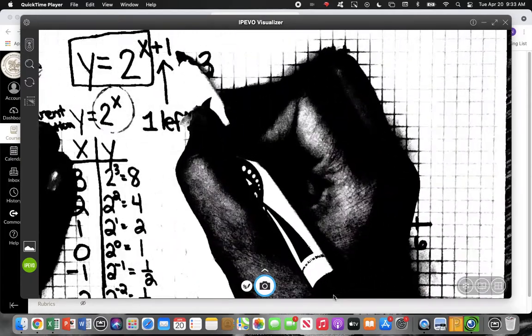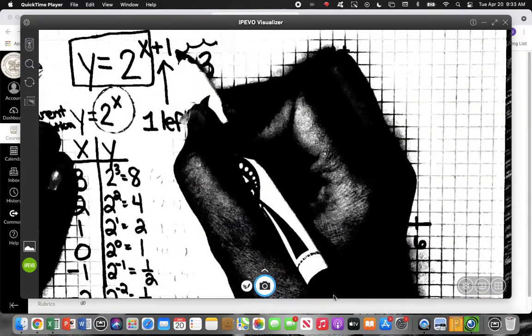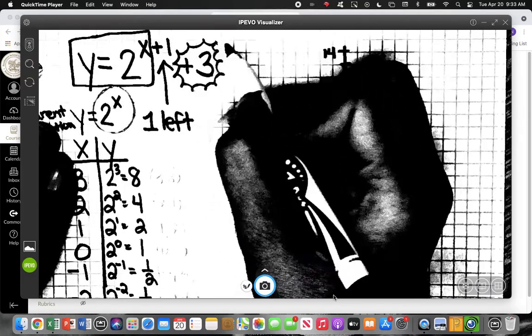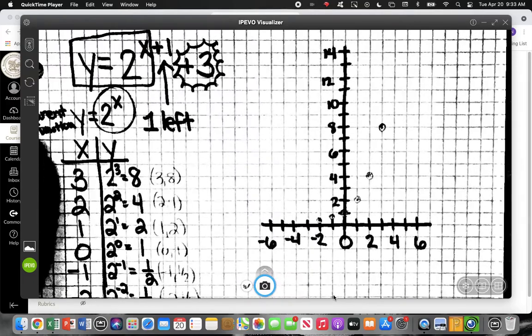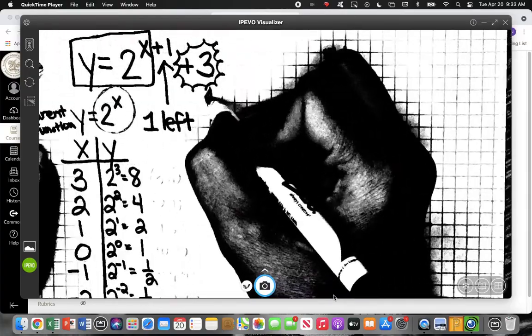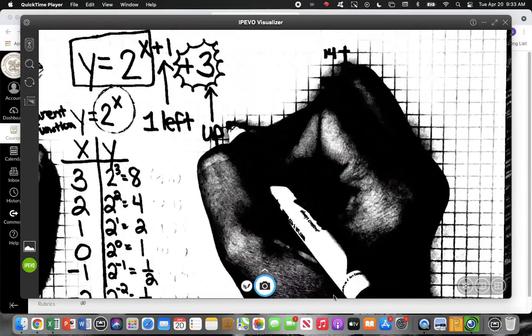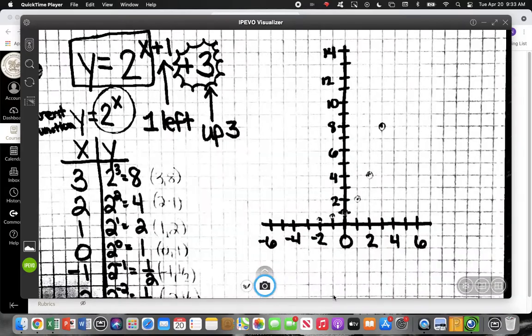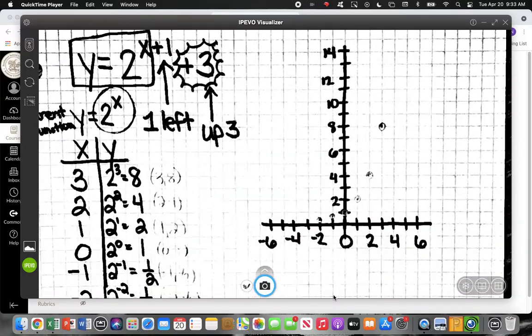Now this +3 tells me how to move up or down. So does a +3 tell me to go up 3 or down 3? Up 3. So now that we know how to move, this is where we're going to take our second color, just so you can see the difference between the two.